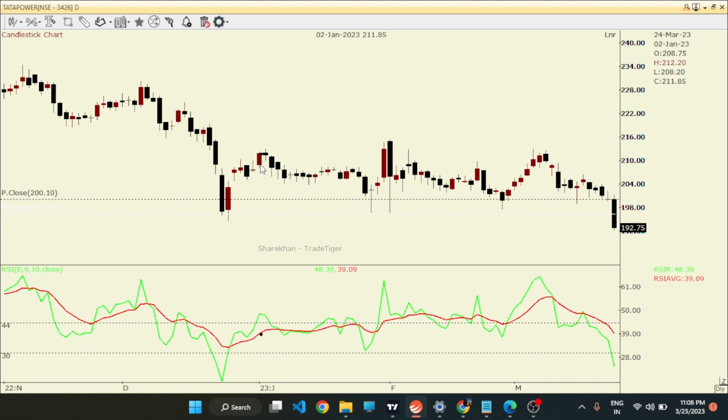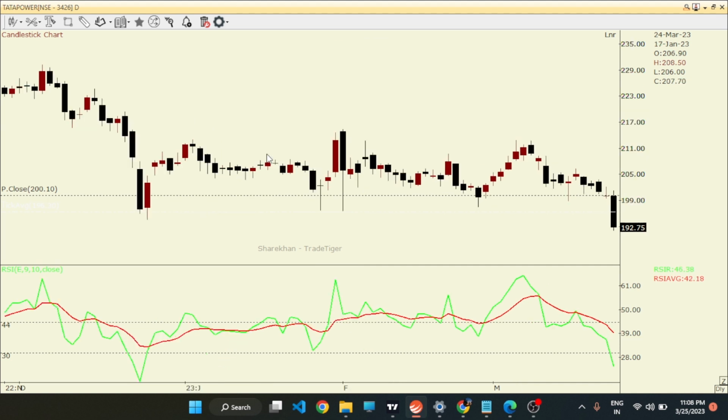It took almost 6 trading days to reach our target. And this one, clear SL, most probably 206 and 204.